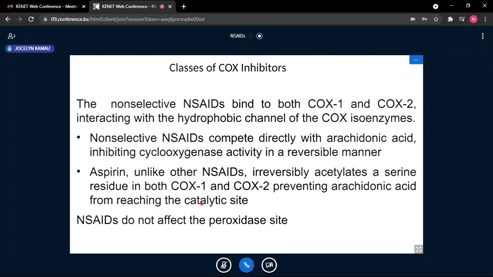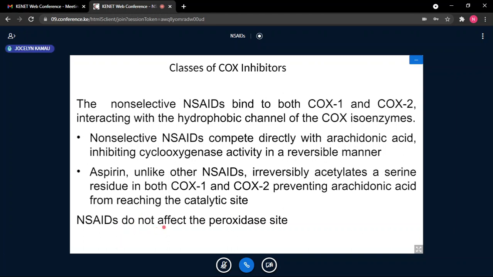So all that happens is that the acetyl group is transferred to the serine moiety of the enzyme. Once that happens, you block it, or you introduce steric hindrance, and that enzyme cannot bind arachidonic acid. And once it cannot bind arachidonic acid, of course, there is no synthesis of prostaglandins.